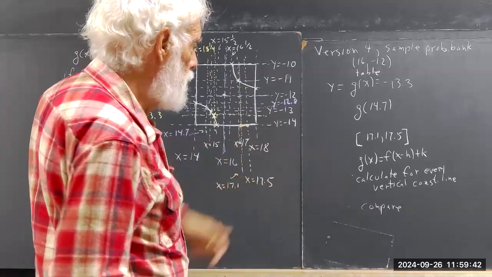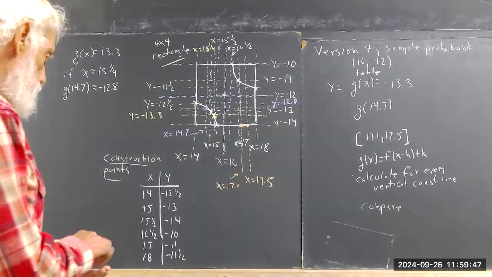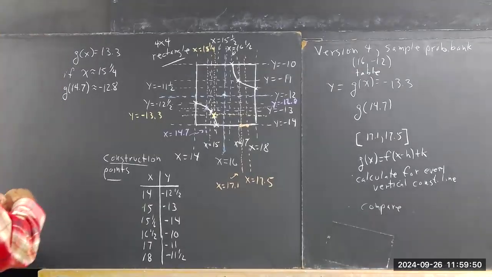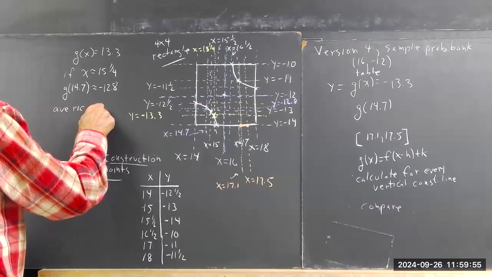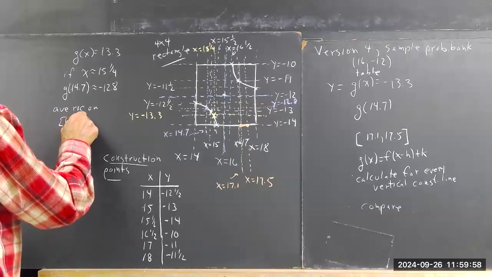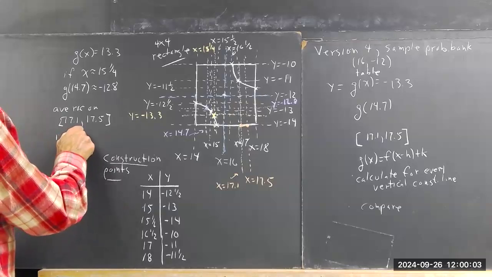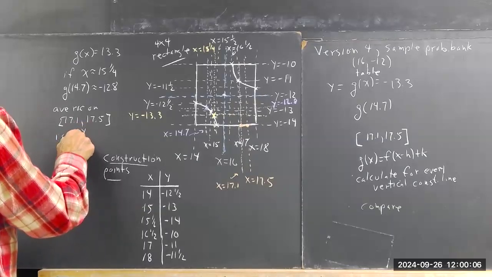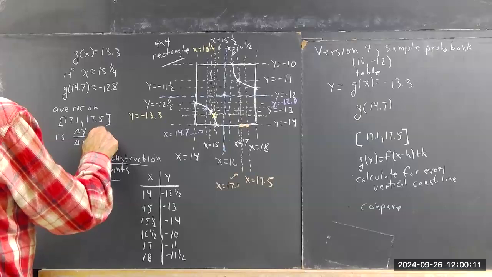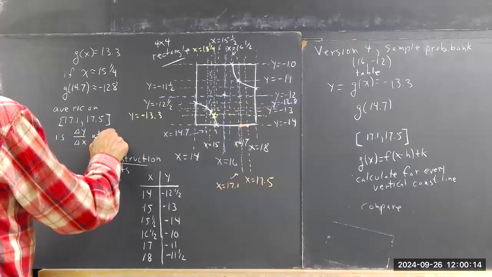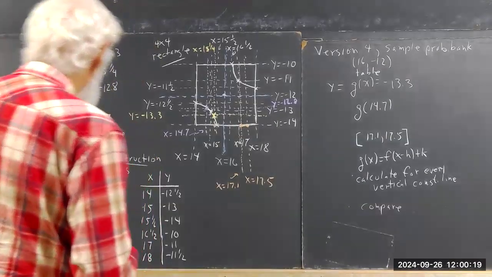Okay, but now we want to find the average rate of change. What's the average rate of change? Well, the average rate of change is changing y over changing x. I should have said between.